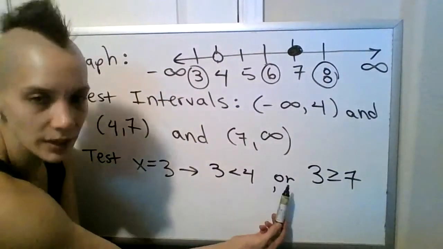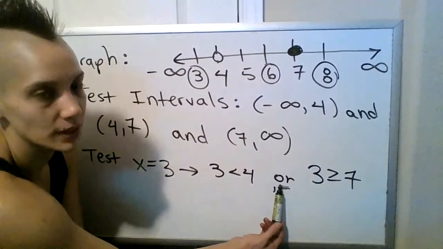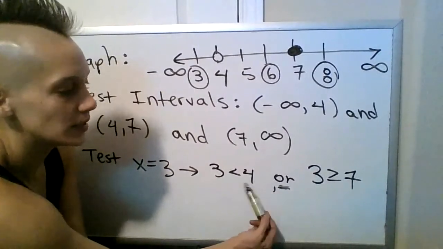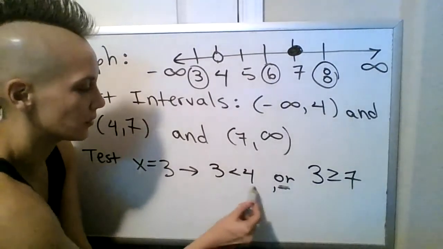So with or, you just need one of the pieces true to make the statement true. So this one true or that one true. This one is true. 3 is less than 4.